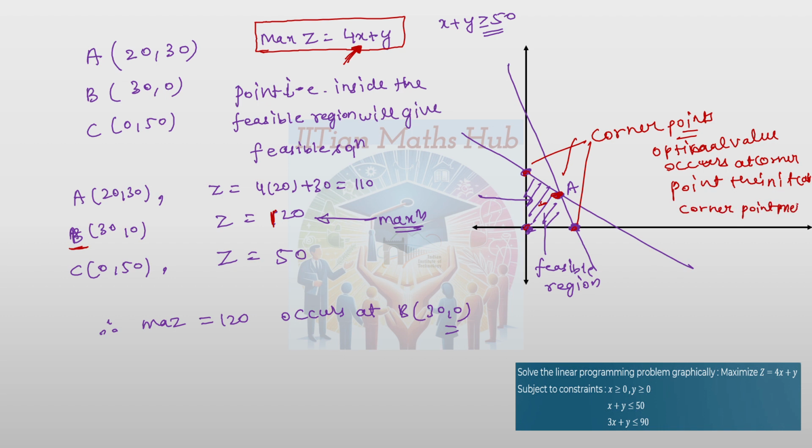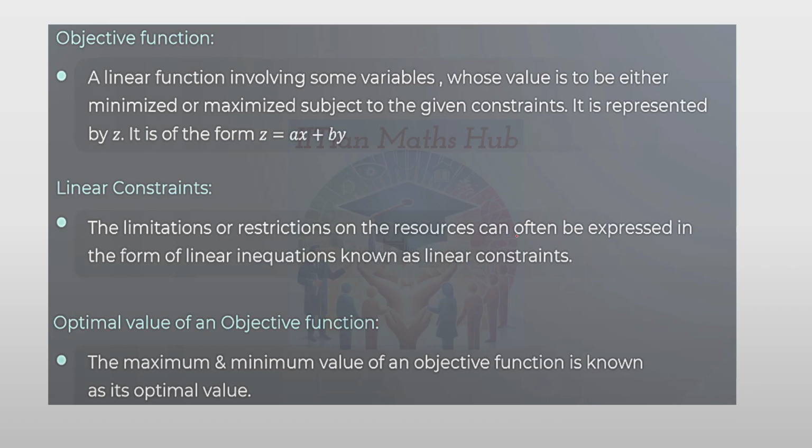For the feasible region, if the optimal solution is occurring at the corner points, then this will be called the corner point method. But actually we are solving by the corner point method only. Okay, so this is it.